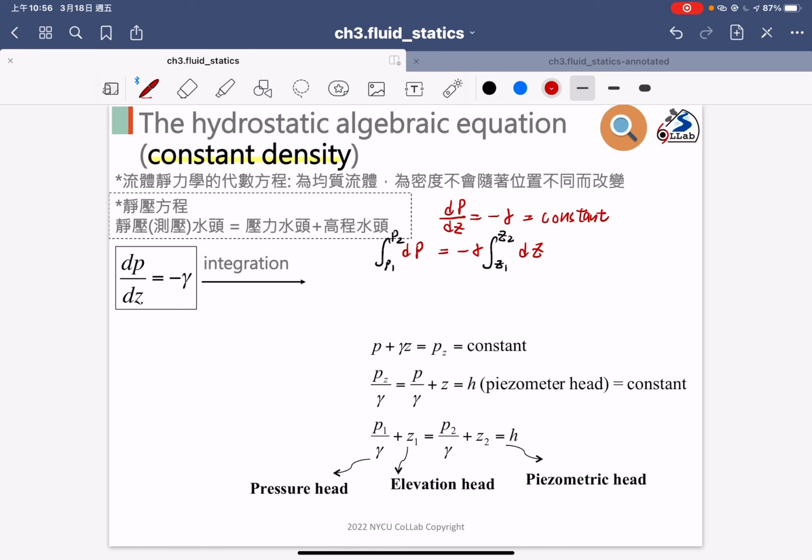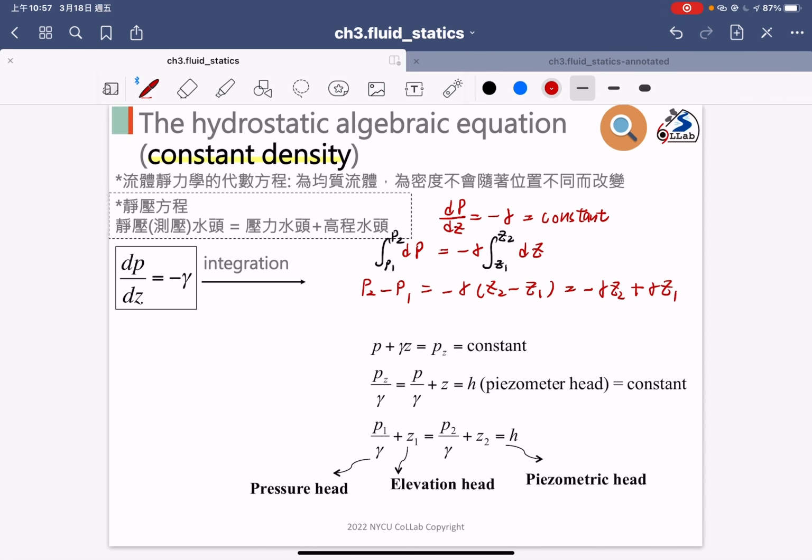So we expand the integrations. We know that P2 minus P1 is equal to minus gamma times (Z2 minus Z1). Expanding, there is minus gamma Z2 plus gamma Z1.